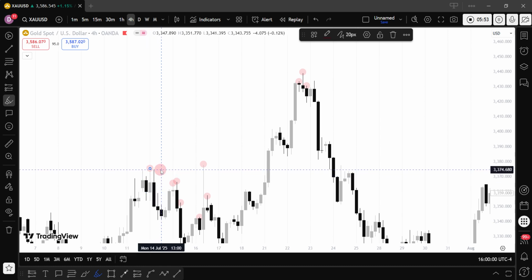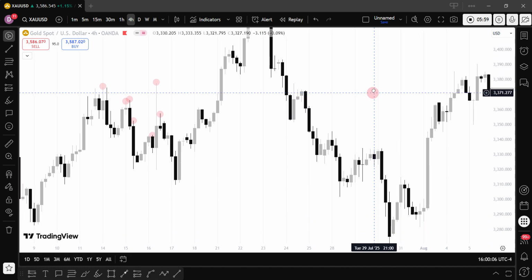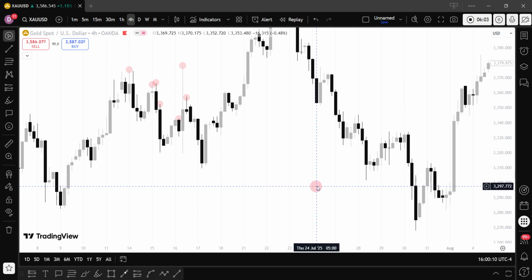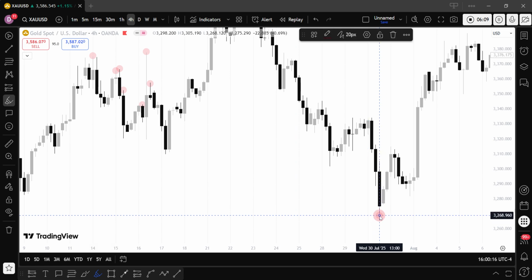Now let's try to identify a swing low. Let me first start with the obvious ones. This is a swing low because we have another higher low.